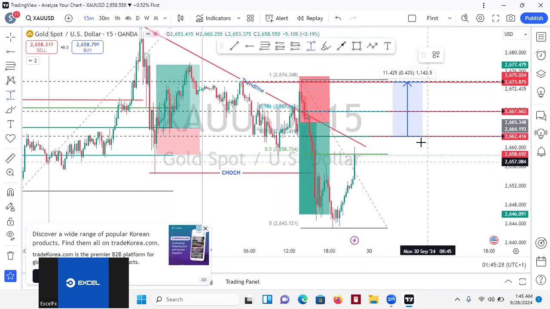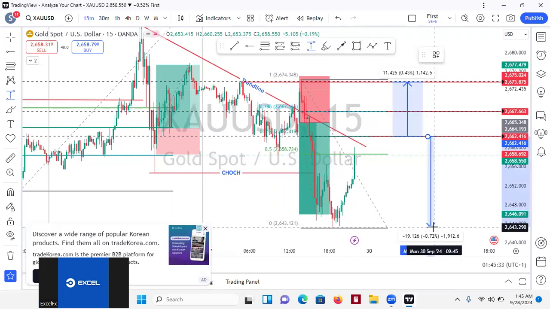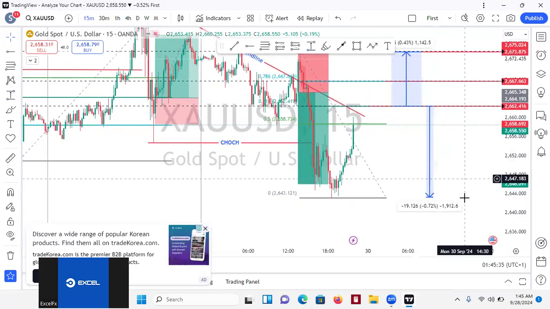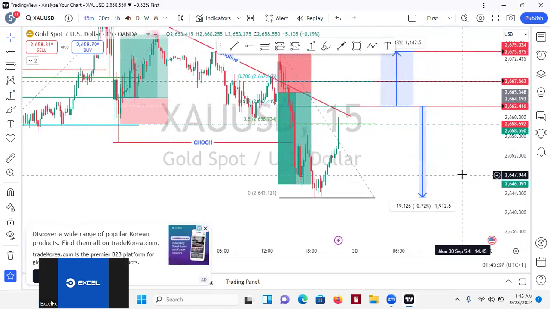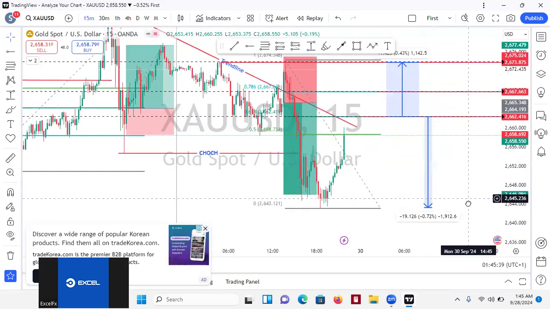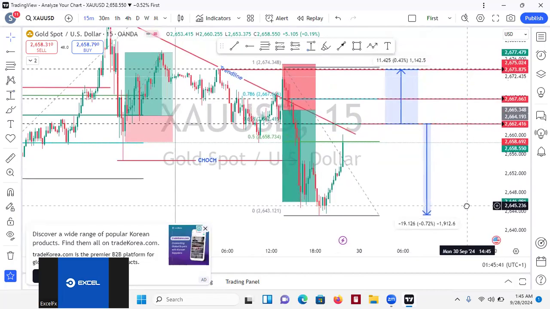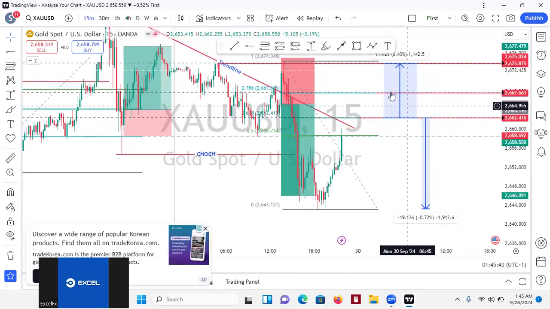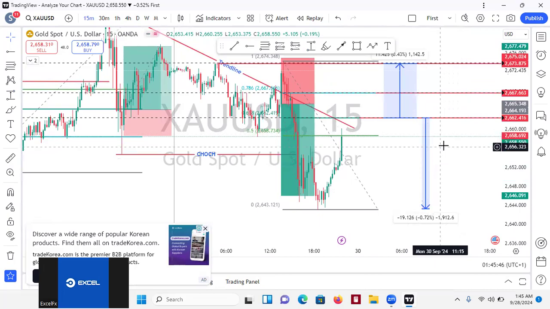Then from this level to this very level here, what are we seeing here? It's going to give me about 119 pips. So basically, I use the price range to determine the number of pips that are at risk and the number of pips I'm going to accumulate, in case it goes in my direction.